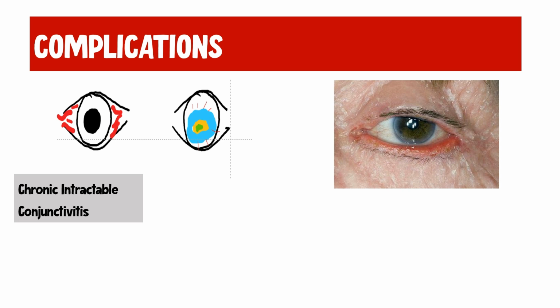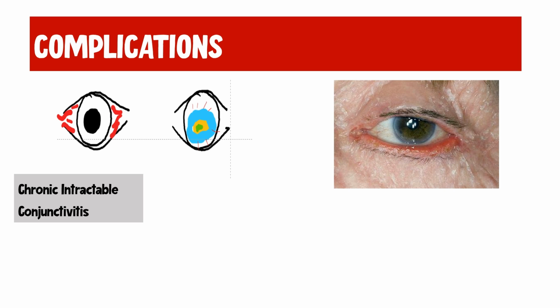So, first, because the infection is chronically present in the lacrimal sac, the patient can develop multiple episodes of conjunctivitis and often can develop chronic intractable conjunctivitis. That means such a conjunctivitis will not respond to your therapy because the infection is not present in the conjunctiva, it is present in the lacrimal sac area.